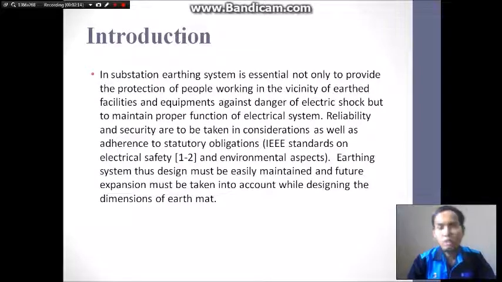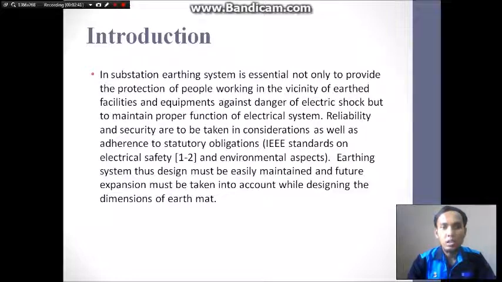The introduction for this project is: in a substation, the earthing system is essential not only to protect people working in the vicinity of earthing facilities and equipment against the danger of electrical shock, but also to maintain the proper function of the electrical system.